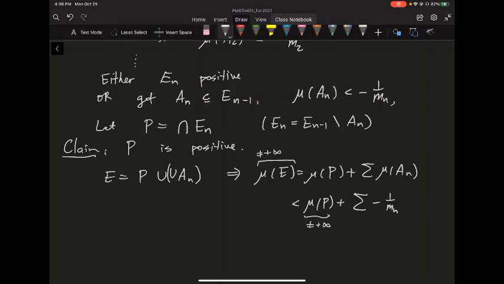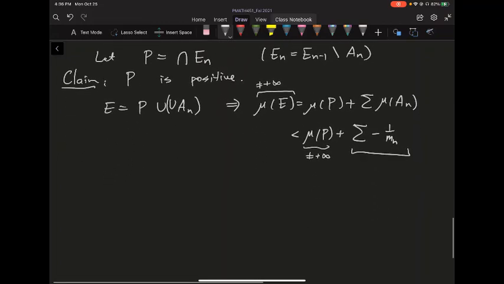So I have some finite number, and the left-hand side is less than some finite number minus a series here. So it just means the series has to converge. The only way this can happen is that the series converges. And when a series like this converges, these integers Mn are going to go to infinity as n goes to infinity.